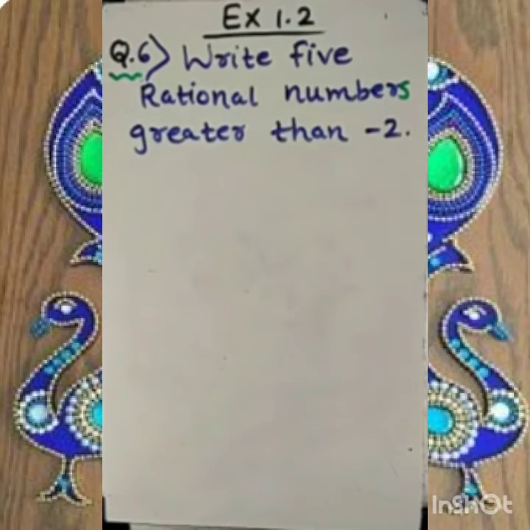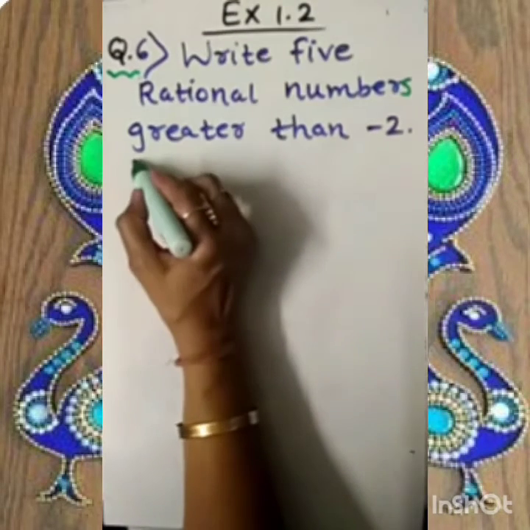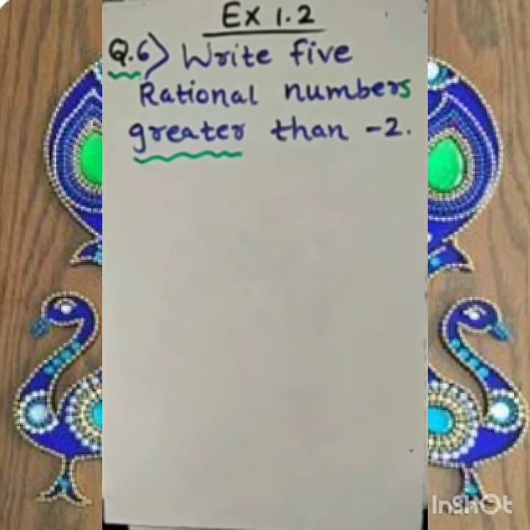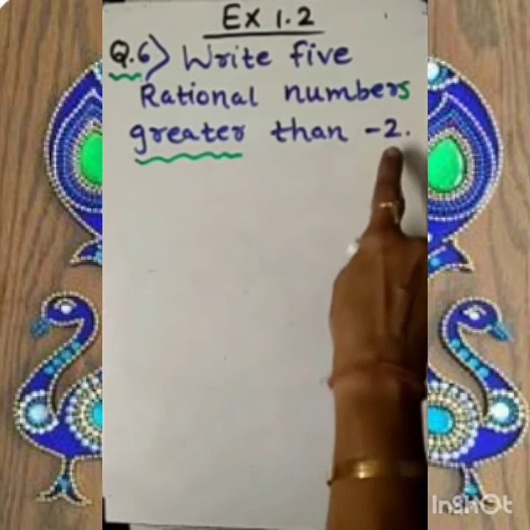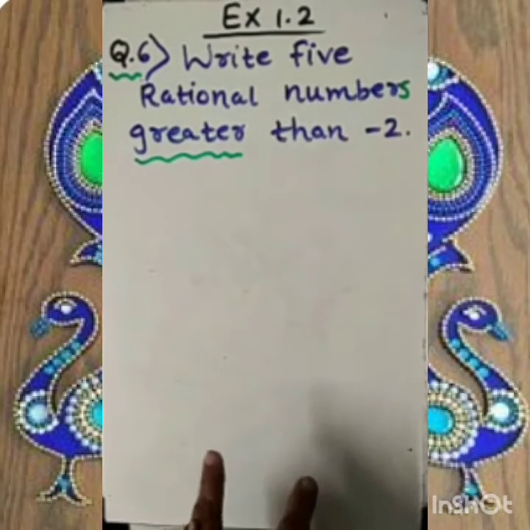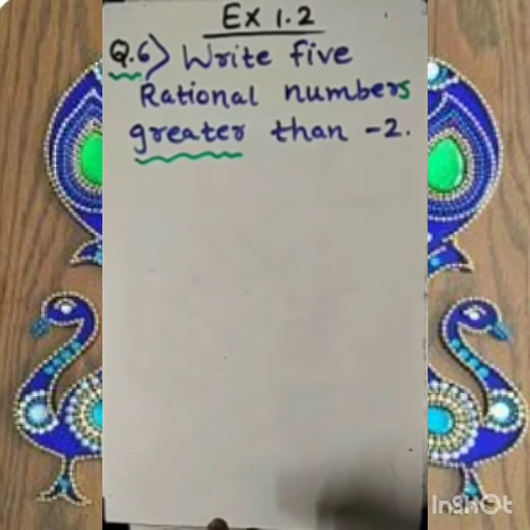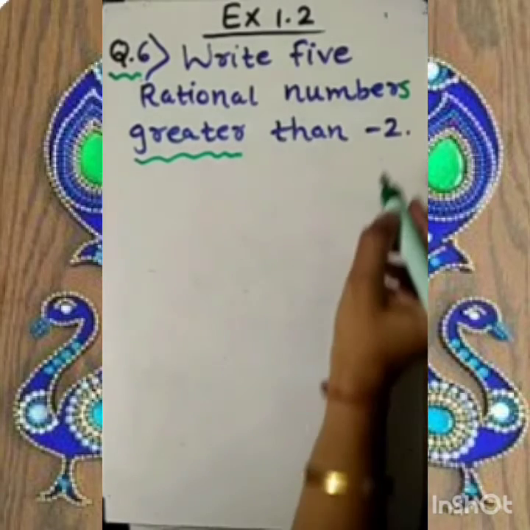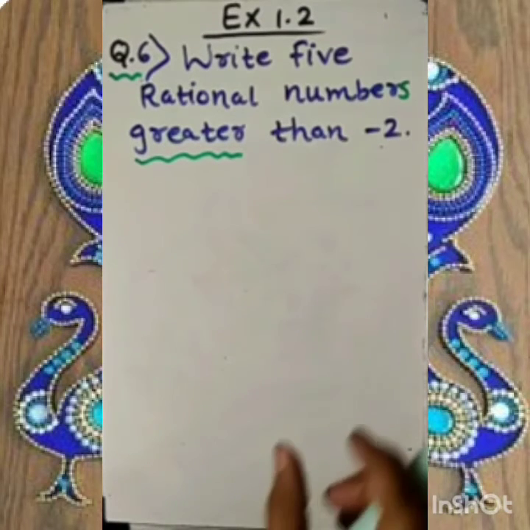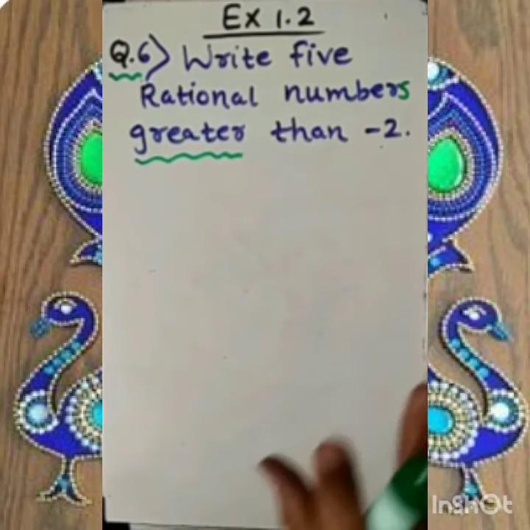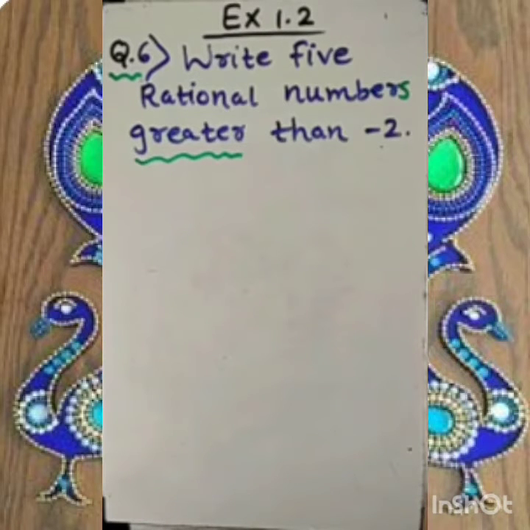Now, dear students, it's quite easy, because the word greater indicates that we need to proceed towards the right side of the given number, because as we proceed to the right side of a number line, the number becomes greater. Okay, so we proceed to the right side of minus 2. So simply I should say, all the numbers which you find to the right side of minus 2, they all are greater than minus 2.